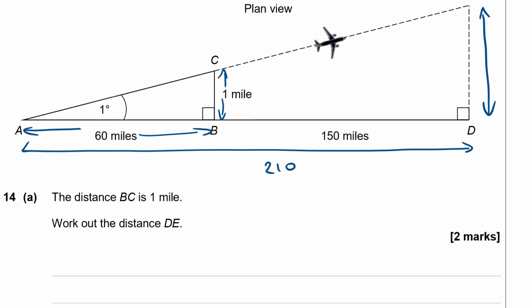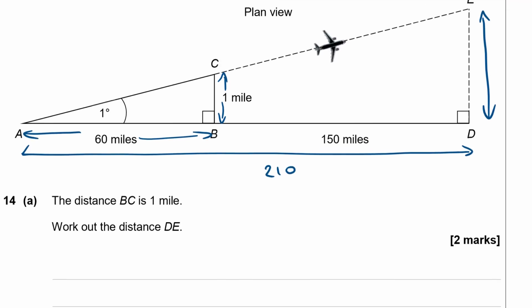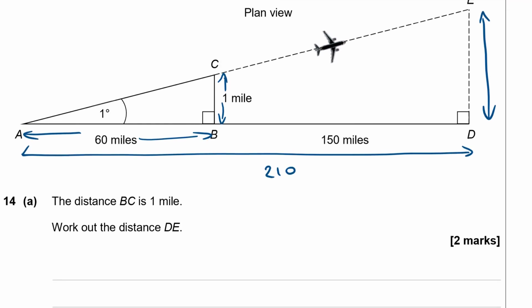Okay, so we know in similar triangles that sides are always in the same ratio. So we know that the side DE divided by 210 is going to be the same as the side BC, which is 1, over AB, which is 60.